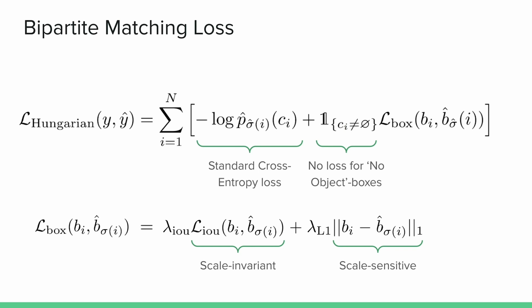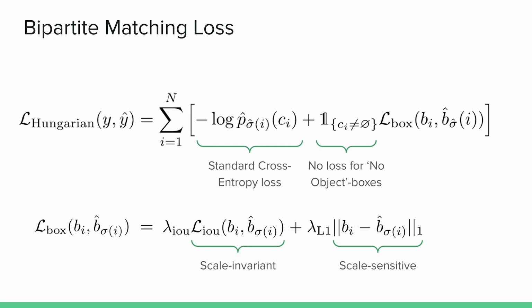This is also called the Jaccard index, so if you come across that term, maybe you're familiar with it. But they say, well, this scale invariant thing might be helpful, but we should also take the scale into account, because for smaller objects or for bigger objects, this intersection over union can be unfair.